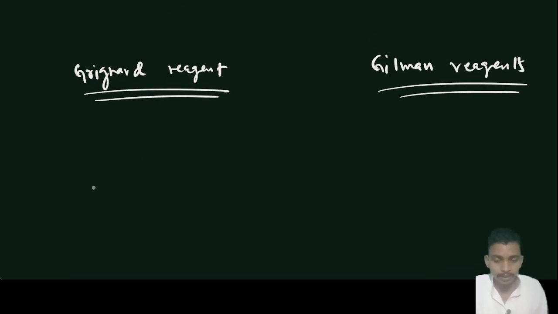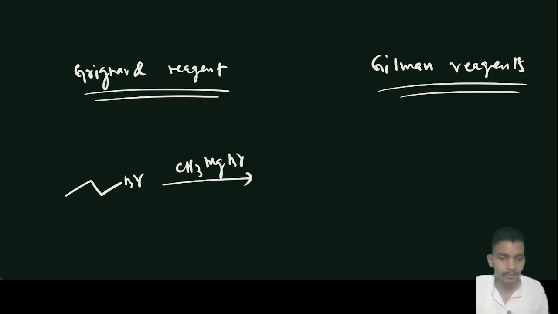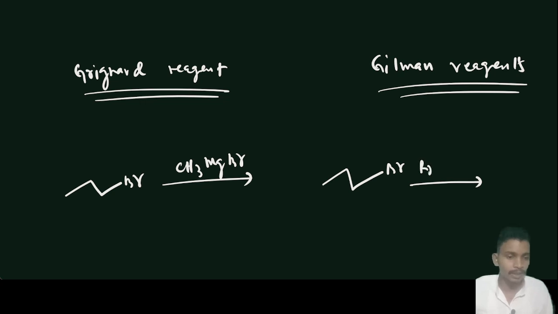Let's say we have Br, and we give CH3MgBr. The same thing here with Br, and we give the Gilman reagent R2CuLi. Here we get R minus, here also we get R minus. The difference is that this R minus is a good nucleophile.